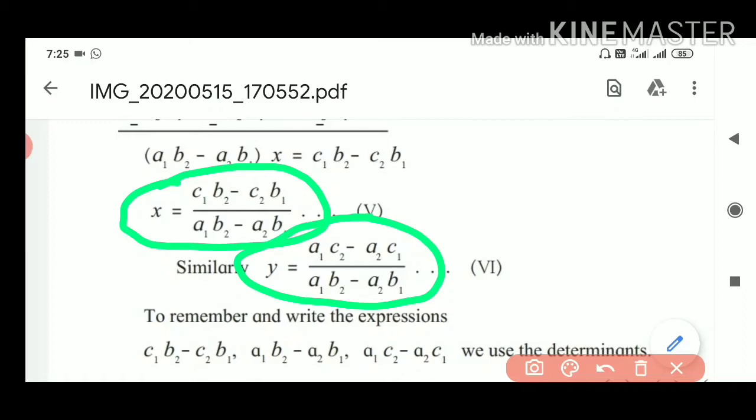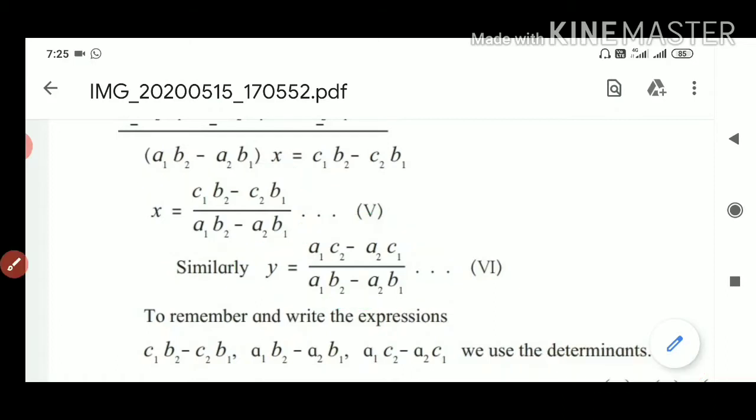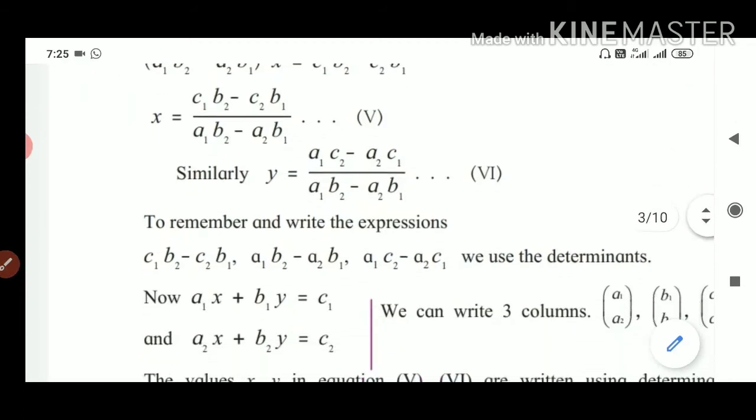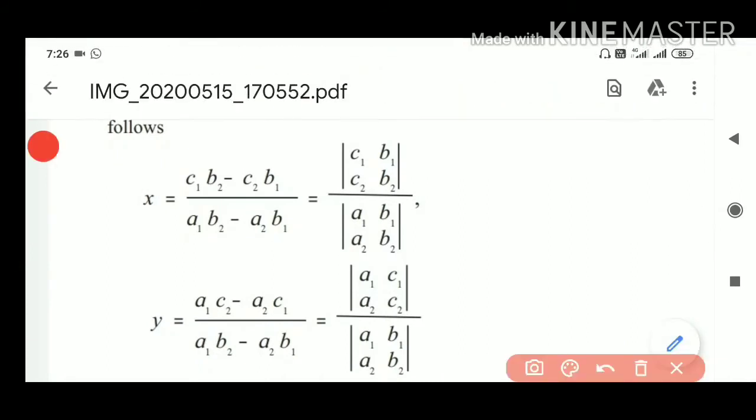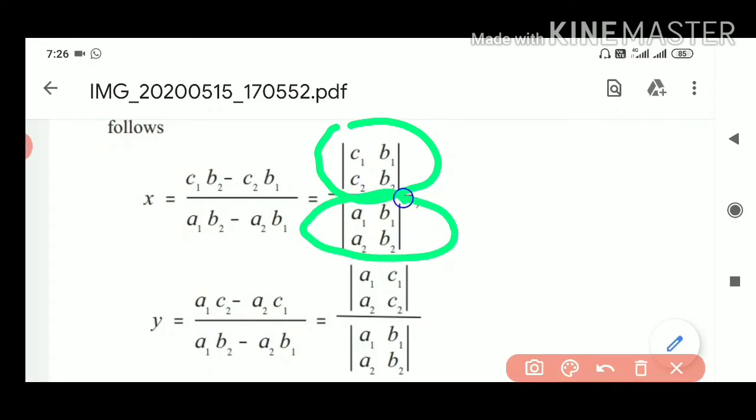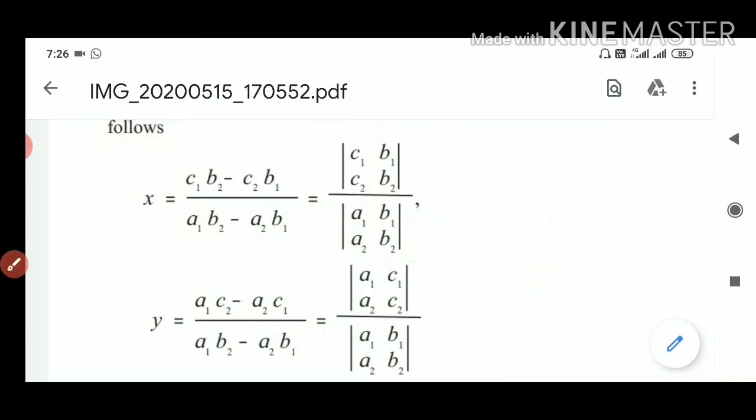Now the mathematician Cramer wrote these values of x and y in terms of determinant. The value of x in terms of determinant he wrote in this way. The numerator C1 B2 minus C2 B1 is written as the determinant C1 C2 B1 B2, and the denominator as A1 A2 B1 B2.